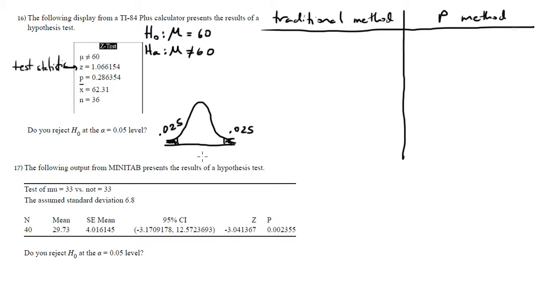So each of these regions here is 0.025. I need to go to the standard normal distribution table to determine which z value gives me this area to the left of 0.025.